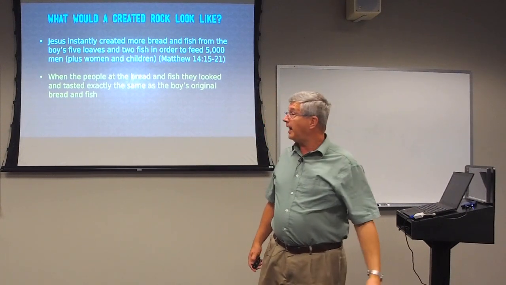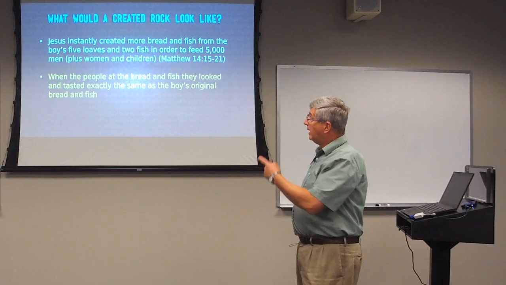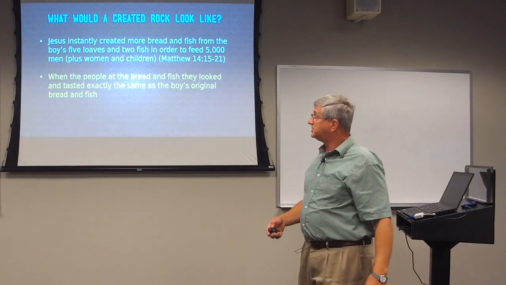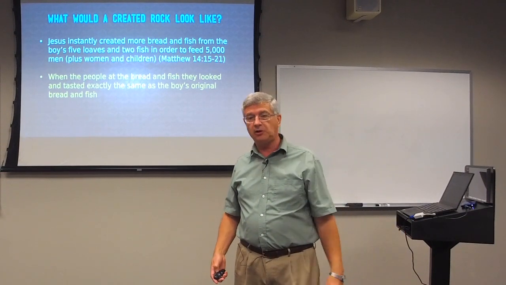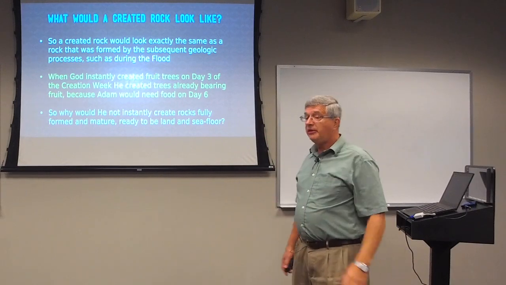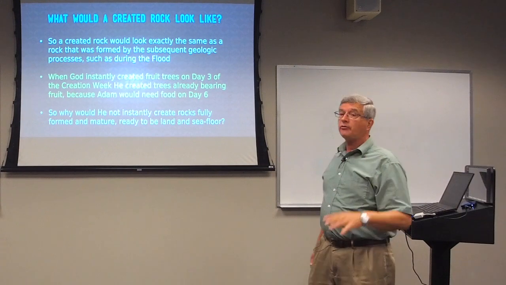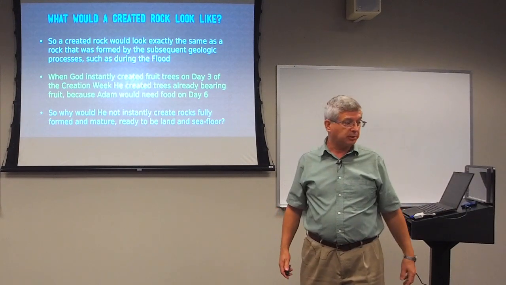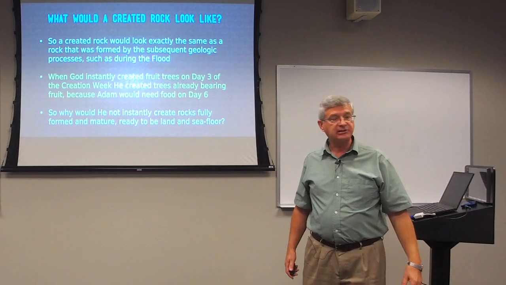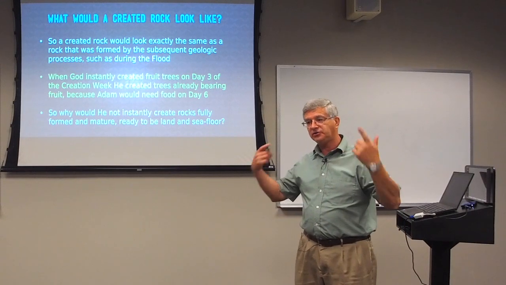The bread and fish looked and tasted exactly the same as the boy's original lunch. So that tells you that a created rock would look exactly the same as a rock that was formed by subsequent geologic processes. And that's a very important concept to get our minds around.